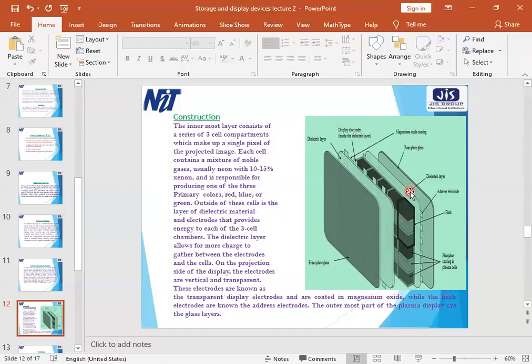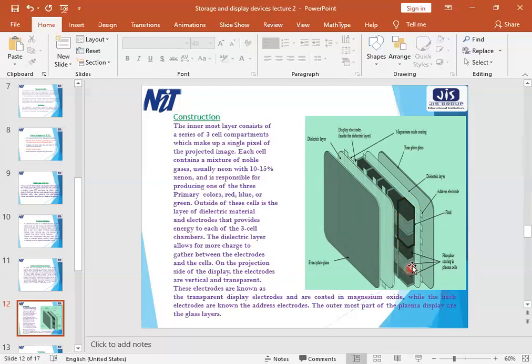You see, this is the dielectric material. So dielectric material and electrodes provide the energy to each of the three cell chambers. The dielectric layer allows for more charge to gather between the electrodes and the cells. On the projection side of the display, the electrodes are vertical and transparent. These electrodes are known as transparent electrodes. So this is dielectric layer. This is address electrode. You see, this one, this dark black color, this is the pixel.